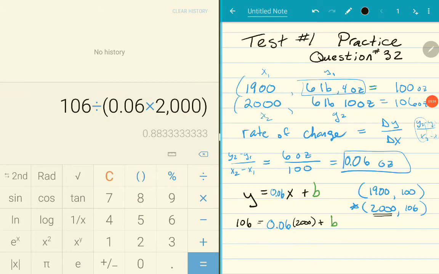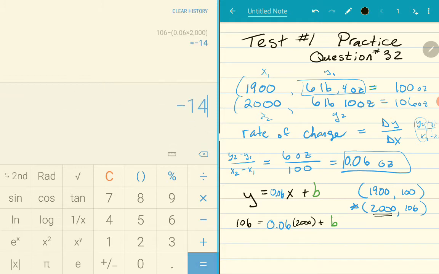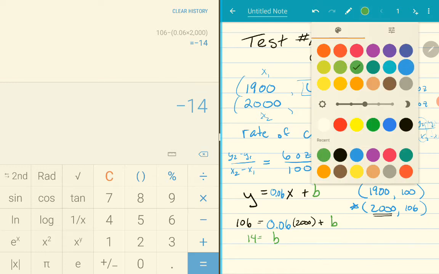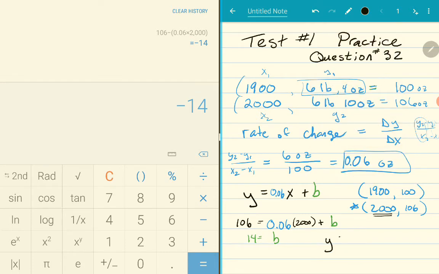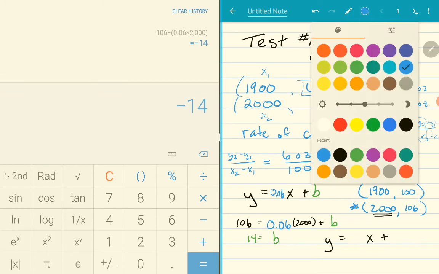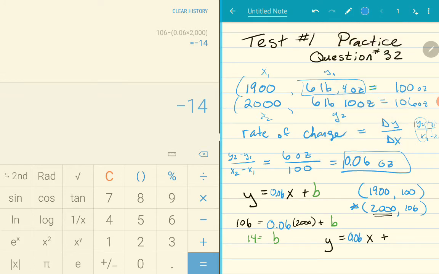I'm sorry, I had the wrong operation here. 106 minus that product to get B by itself. Okay, so then I get B equals 14. So plugging that back into the equation for the line, y equals mx plus b, m is 0.06 and b is 14.